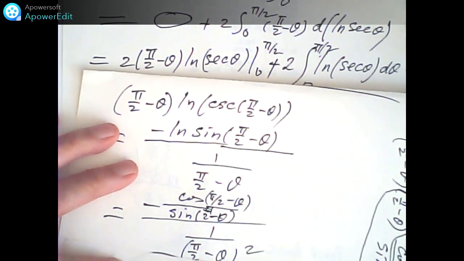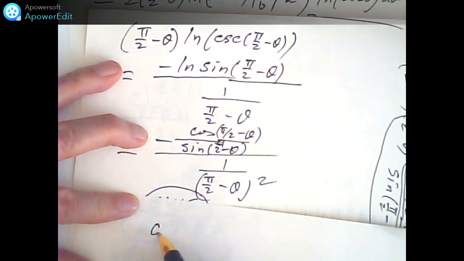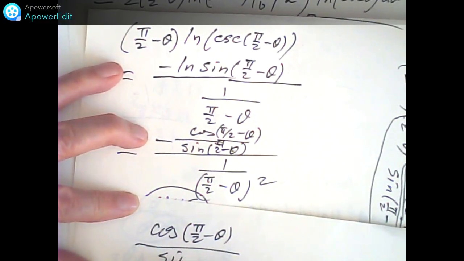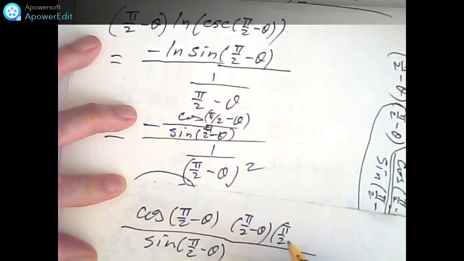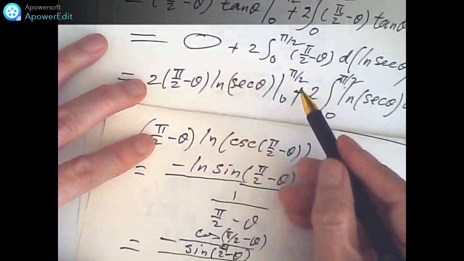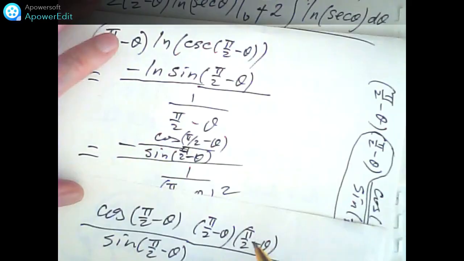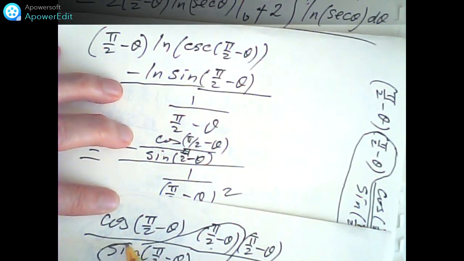Now this one is equal to what? This is a cosine half pi minus theta over sine half pi minus theta. This is squared, becomes a half pi minus theta times half pi minus theta. When theta is approaching half pi, this is approaching 0. This is approaching 0. So this approaches 1. This approaches 1.